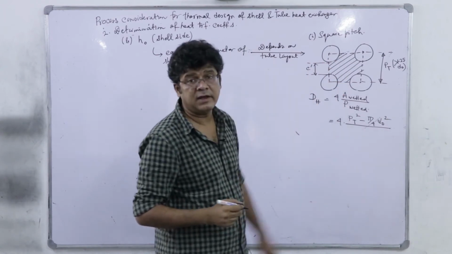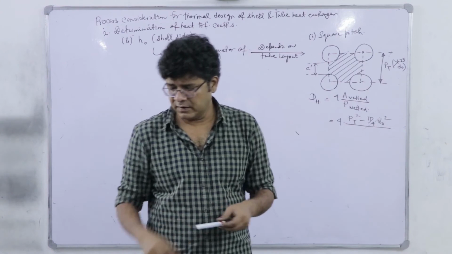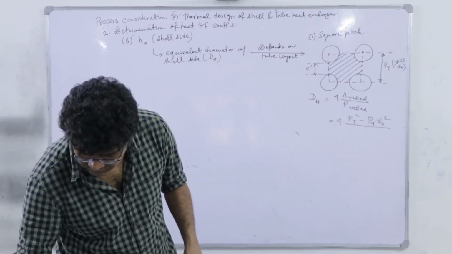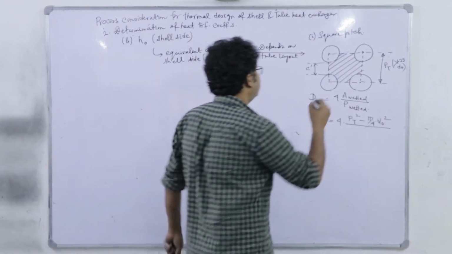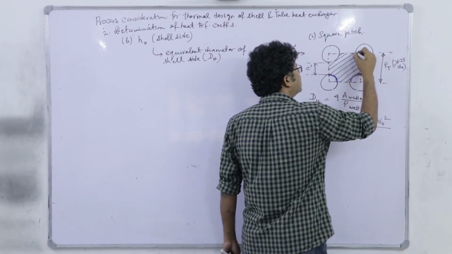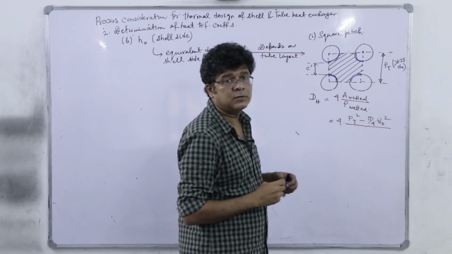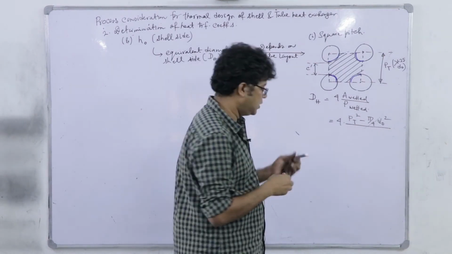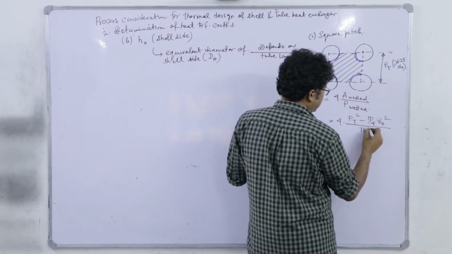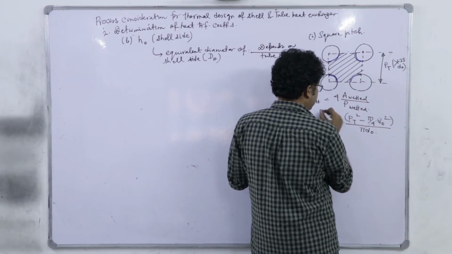That gives you the exact estimation of the hatched area. And the wetted perimeter, the solid perimeter here is 4 quarters, which means a single tube's total perimeter, that is pi d naught. So, that is the DH expression for square pitch.